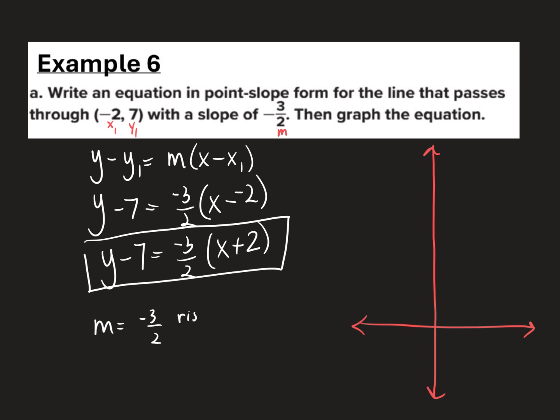I always rise 3, so that's up 3, and then I'm going to go left 2. So I'll rise first and then run left. You are welcome to go down first and run right, but I like to rise first. To me, rise means up always. So I'm going to plot -2, +7.